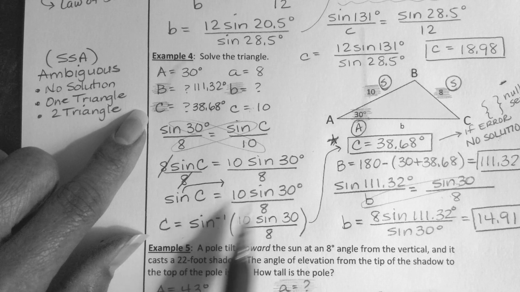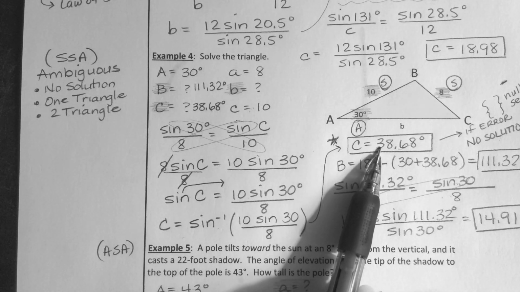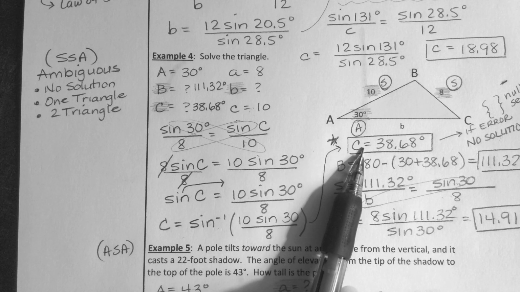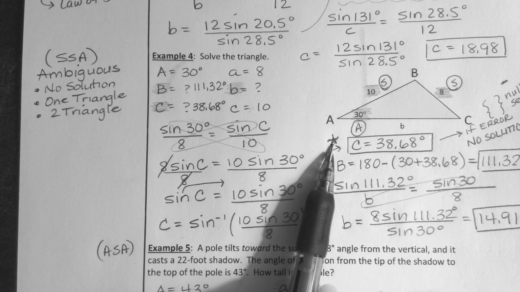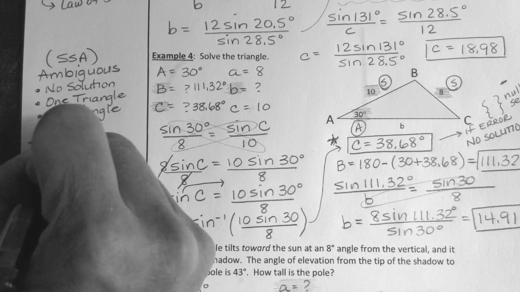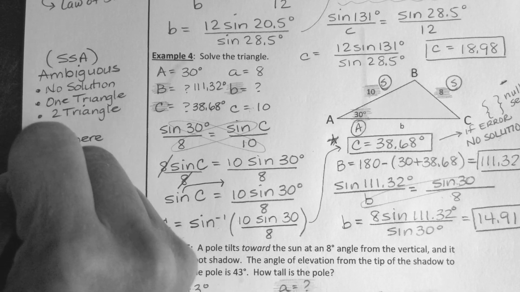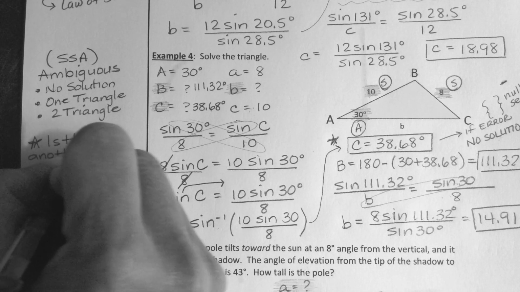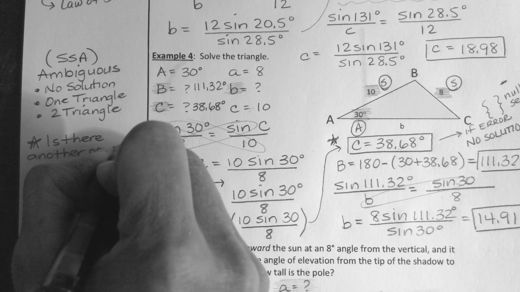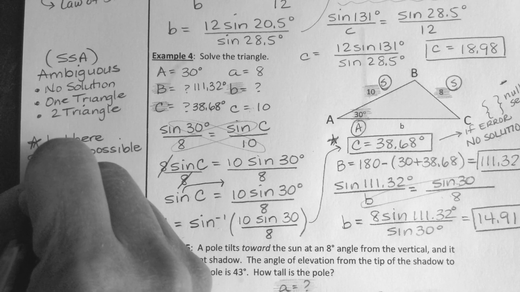So this was the first angle you found, not this one. So angle C is 38.68. But the question is, so I put a star here, I'm going to come over here. The question is: is there another possible C angle measure?